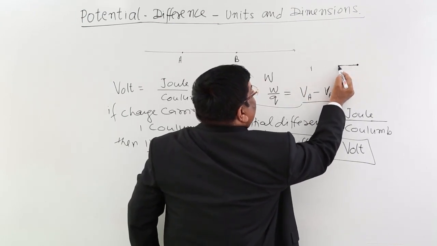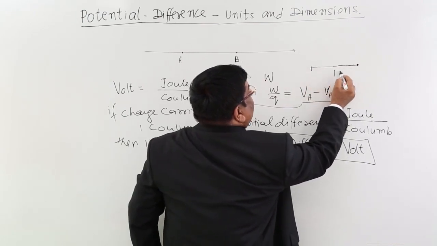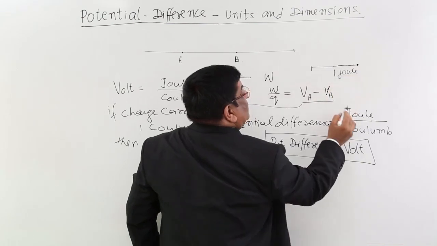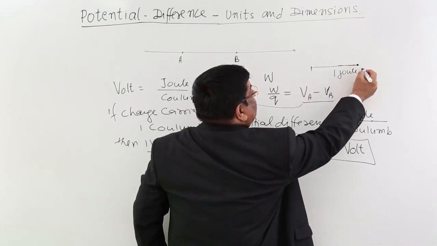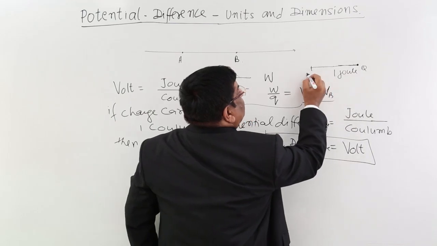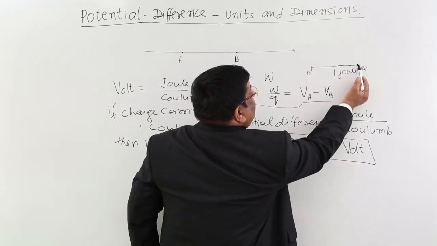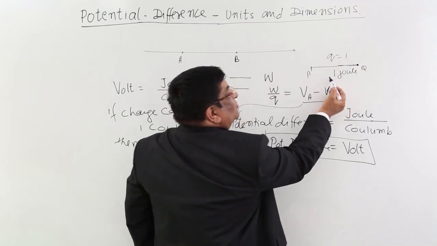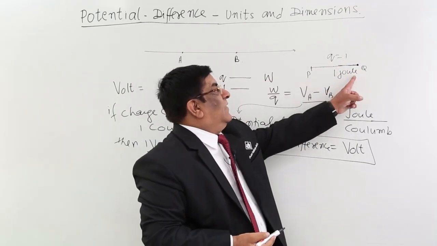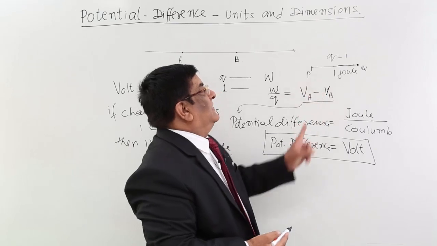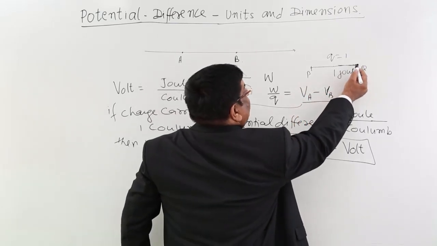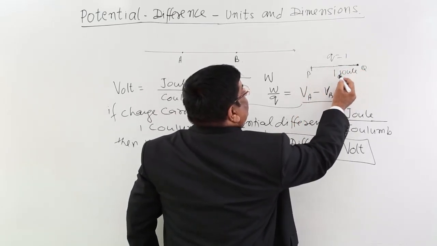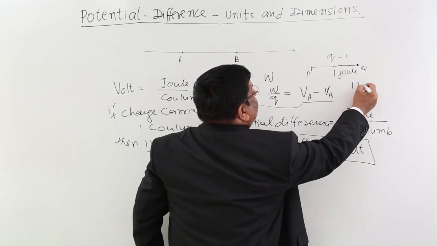I have done from this point to this point how much work? 1 joule. Name of this point is Q. Name of this point is P. In between, while I was carrying 1 coulomb, I had to do work of 1 joule. Therefore, I will say that the potential difference between P and Q is 1 volt.